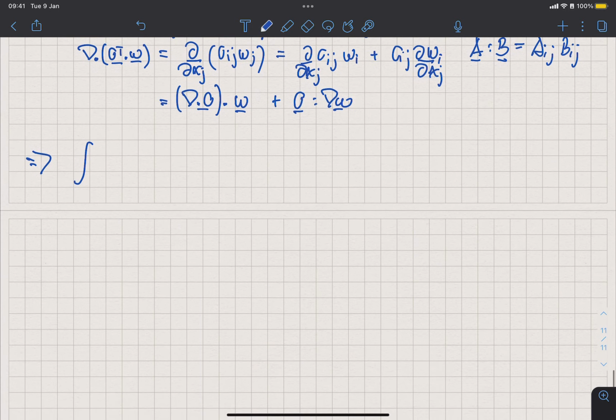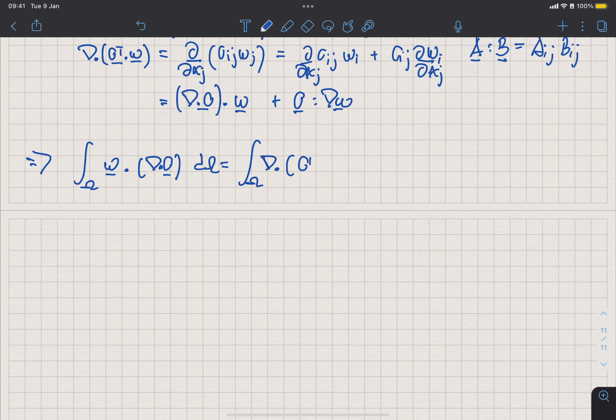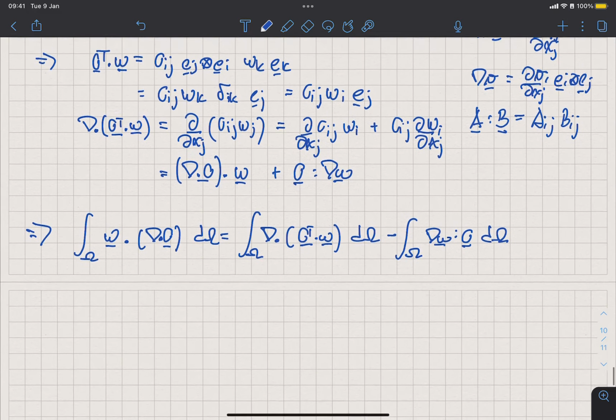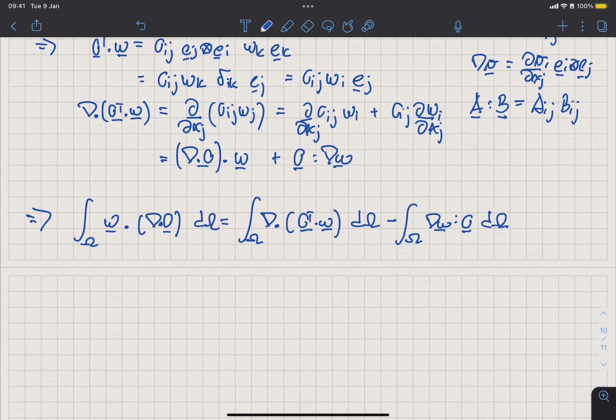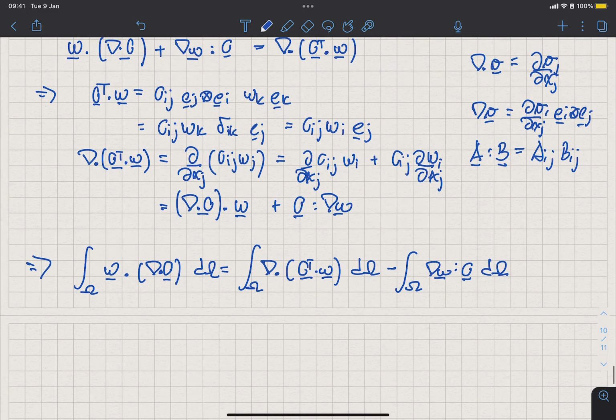So when you do this, you get the integral on omega of w dotted with this is equal to the divergence of that quantity minus... And of course, I am missing one term.